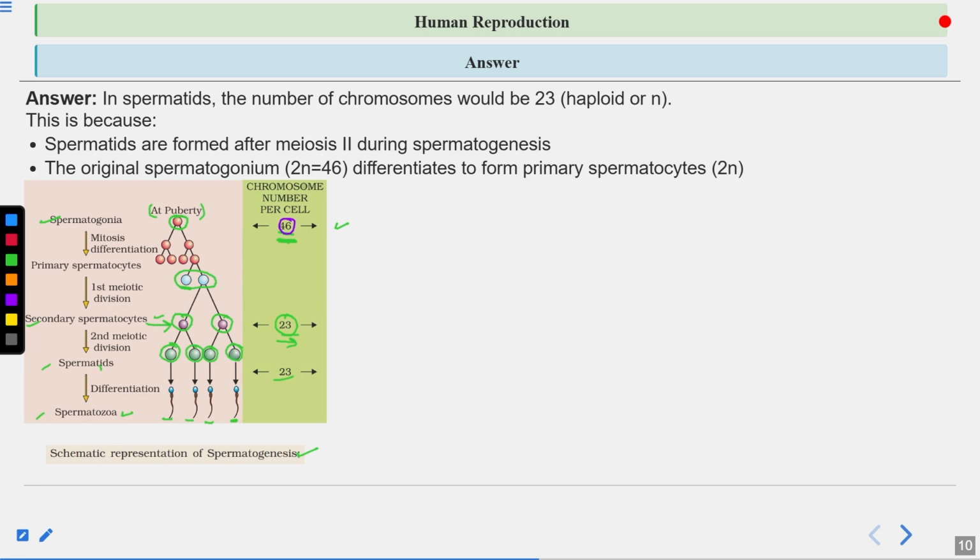What you will write: from one primary spermatocyte, 2 secondary spermatocytes are produced, which are haploid. Then second meiotic division occurs in the secondary spermatocytes to form 4 spermatids. So from one primary spermatocyte, 4 spermatids, or 4 spermatozoa or sperms, are produced.